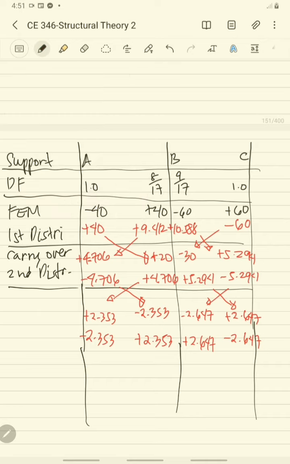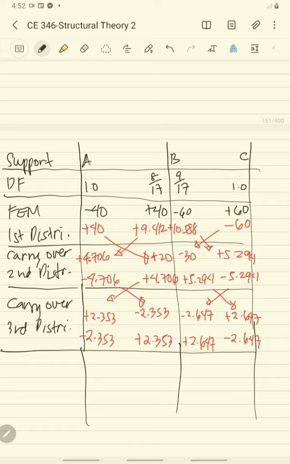So again, this line here is my third, no? This is the carryover for the third distribution. Okay.